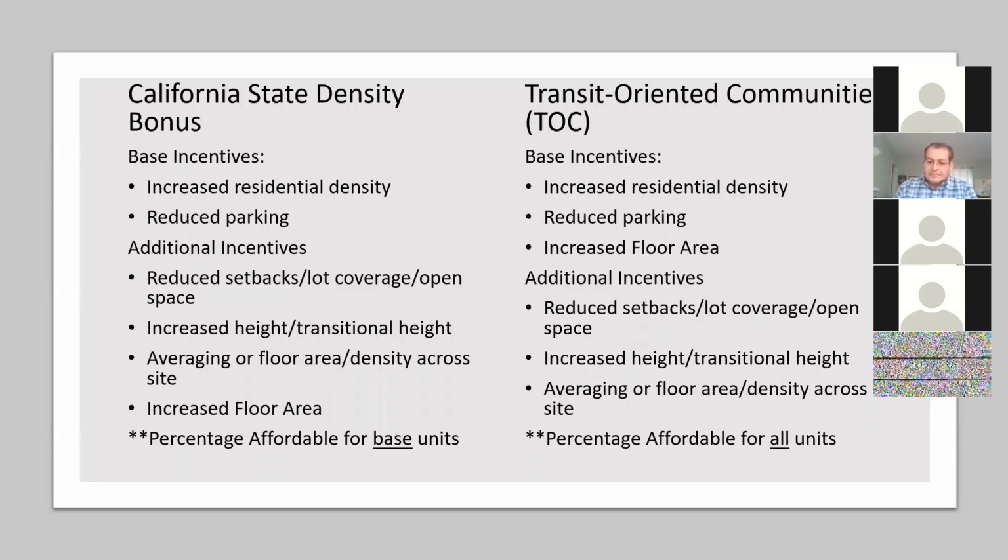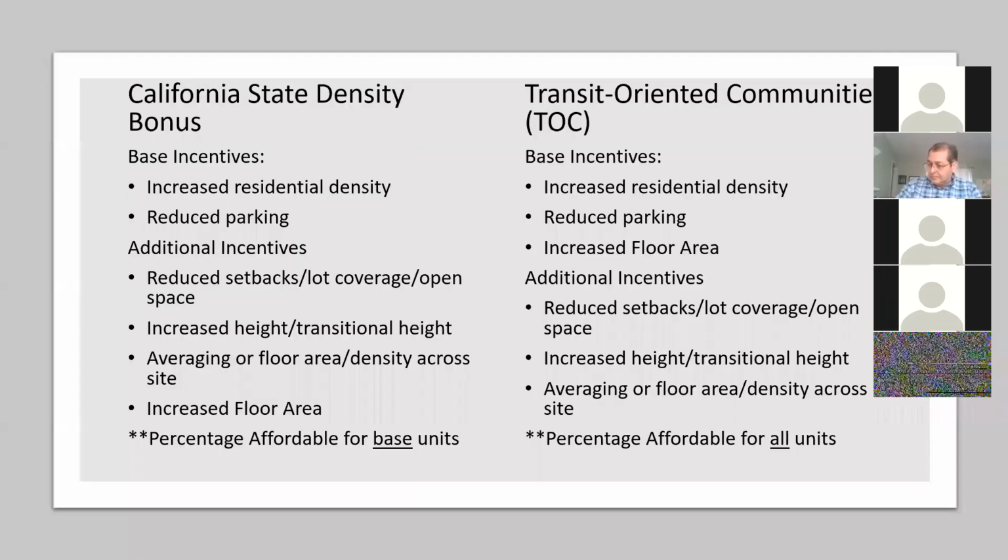So if you're required to provide 11% at very low, then that would be 11% of the base density. Whereas in TOC, if you're required to provide 11% at very low, then you need to provide 11% of all of your units for very low income.